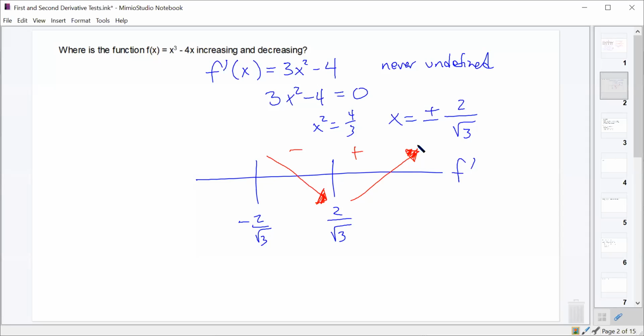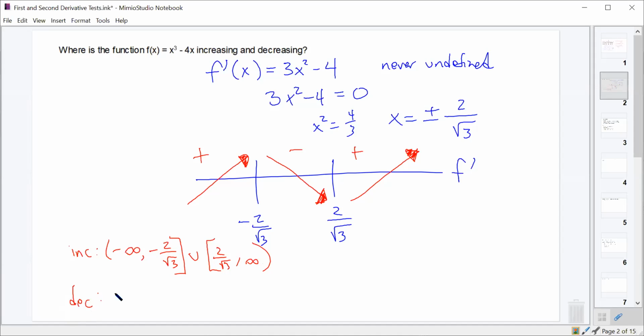Yeah. Okay. And what happens if I plug in, let's say, negative 1,000,000? When I square that, it's a very large positive times 3, which is still a very large positive. Subtract 4, still positive. So our function is increasing from negative infinity to negative 2 over root 3 with a bracket, union 2 over root 3 with a bracket to infinity with a parenthesis.